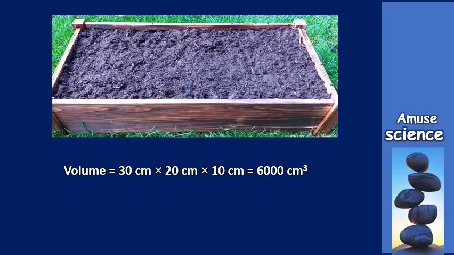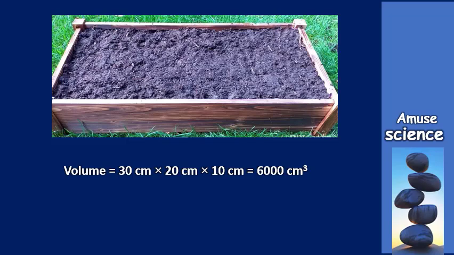Let us assume that we fill this rectangular box with a sample of garden soil to the brim and weigh the whole content on a scale. Let us assume that the whole content weighs 500 grams.